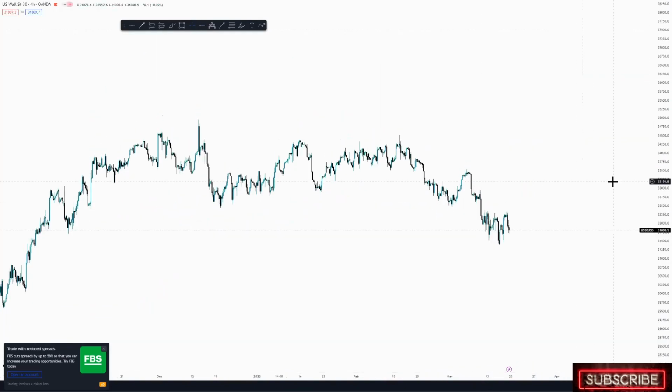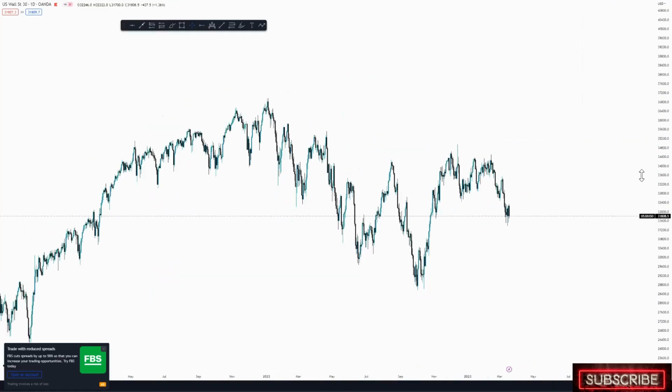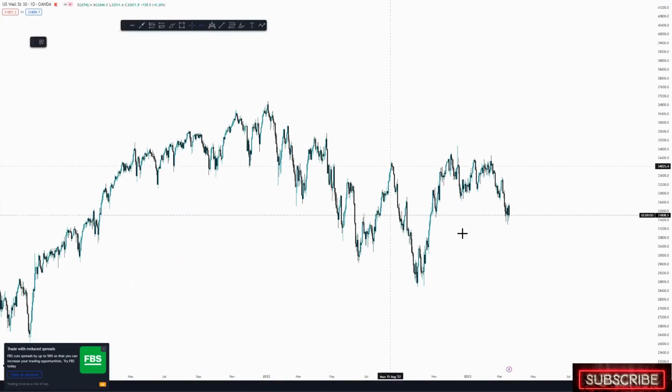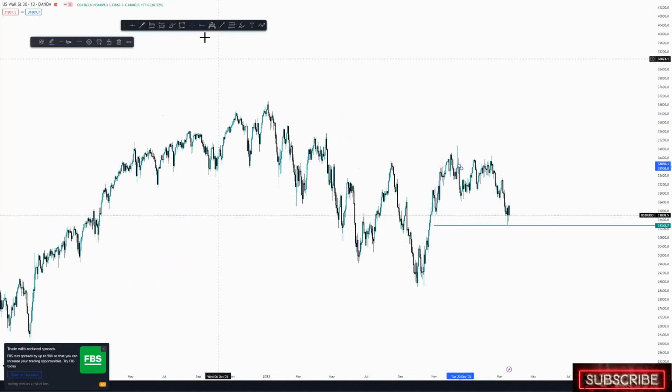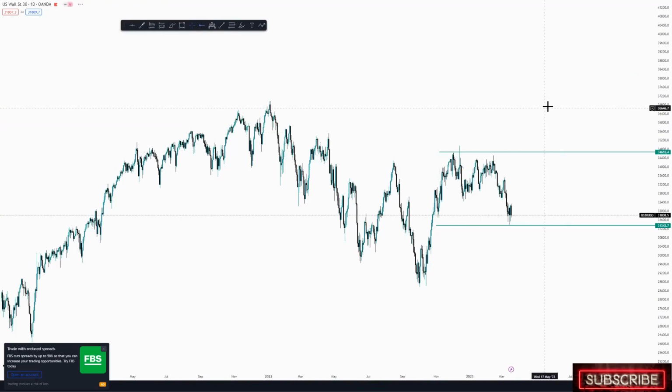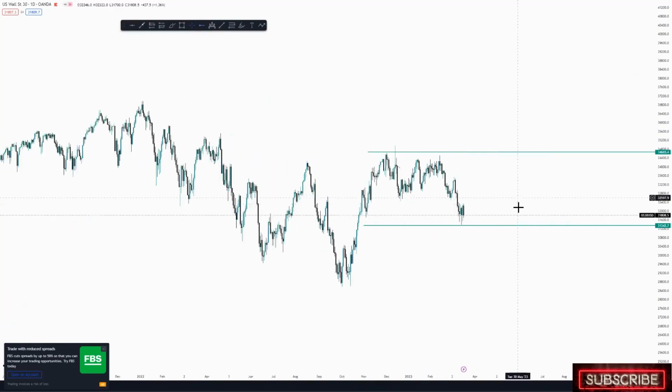So on the last one, guys, we quickly have US30, right? So on US30, you can see that the market has established this low, right? And also that high over there. Okay, so what's going on here now?